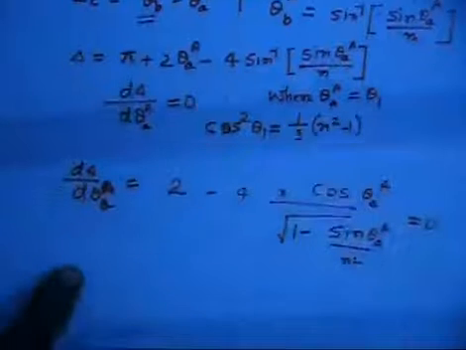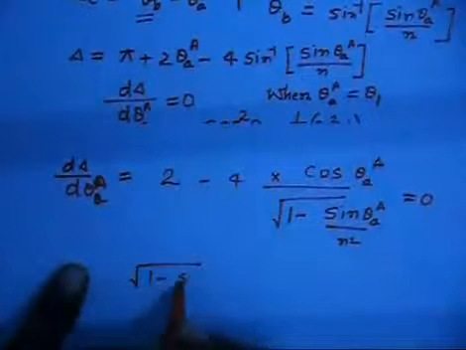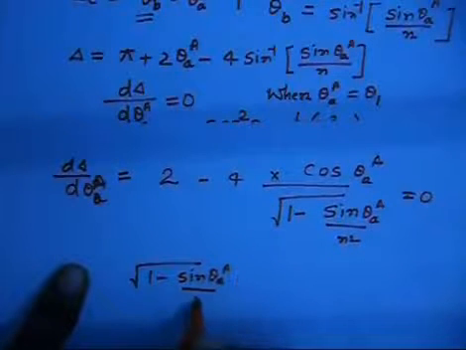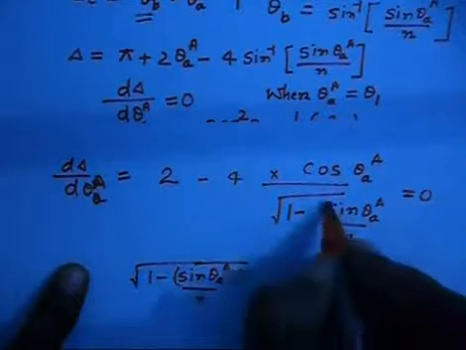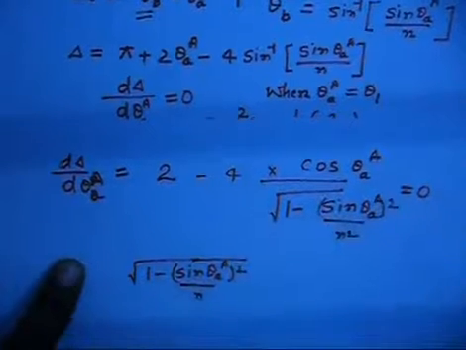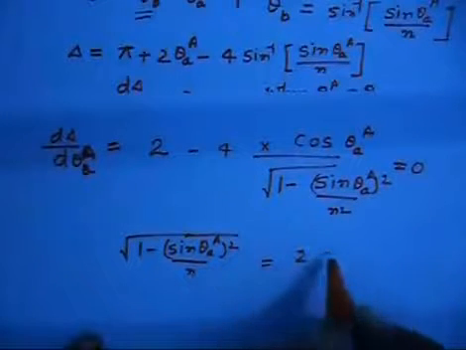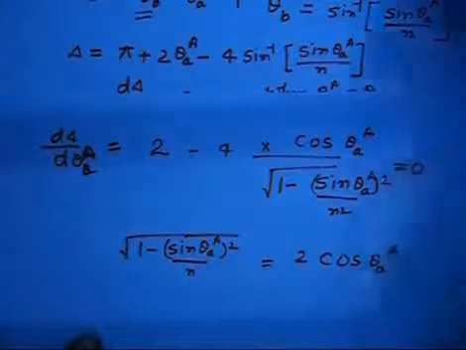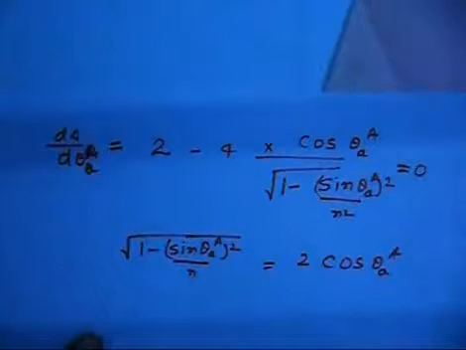Now this is total mathematics. So you will have root over 1 minus sin θa by n square. This is also a square, because for sin square we have the differentiation equal to 2 times cos θa at a. Now let us say this maxima occurs when θa at a is equal to θ1.